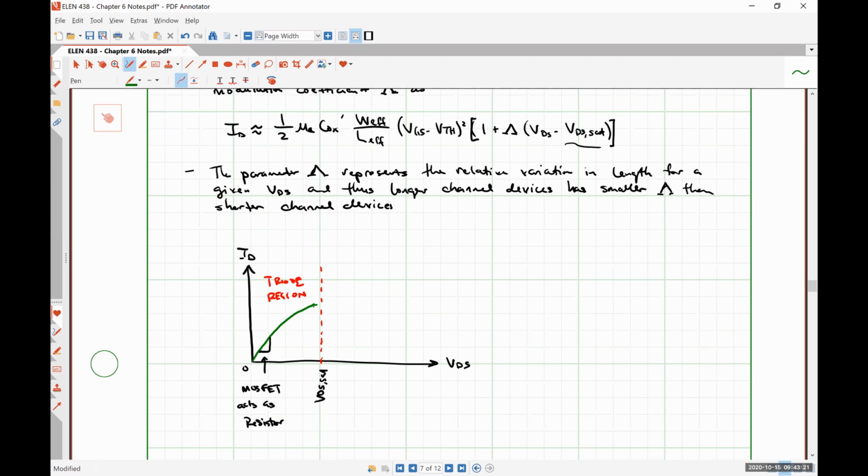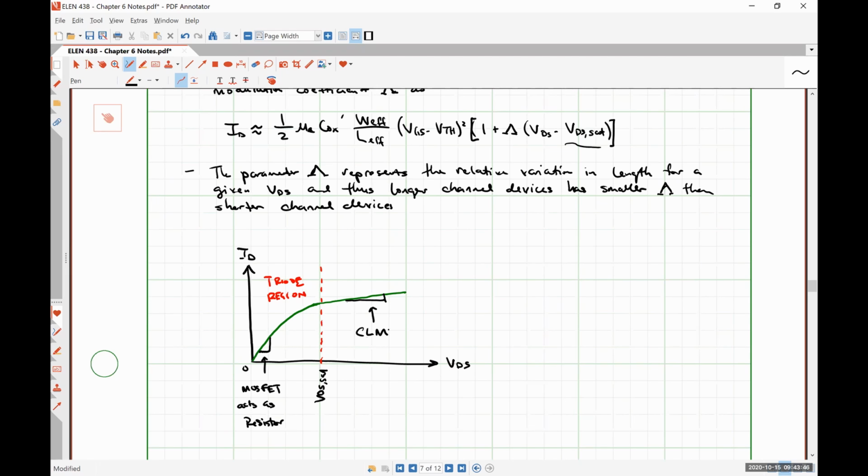We have a very slight increase where this slope is due to channel length modulation. Let's call it CLM.